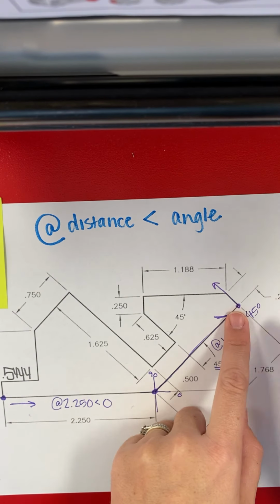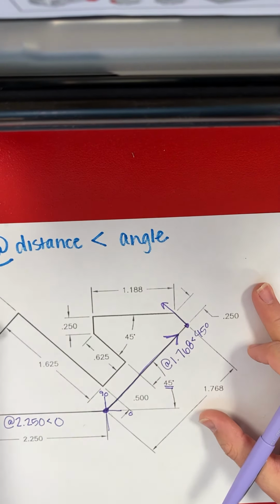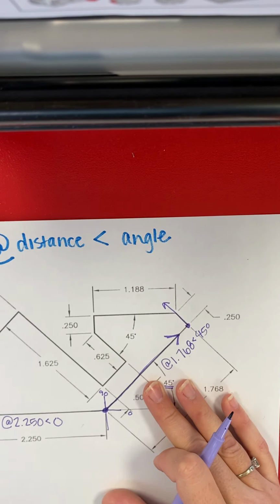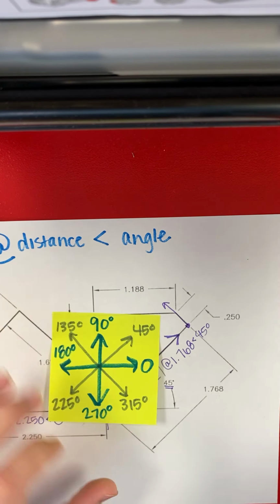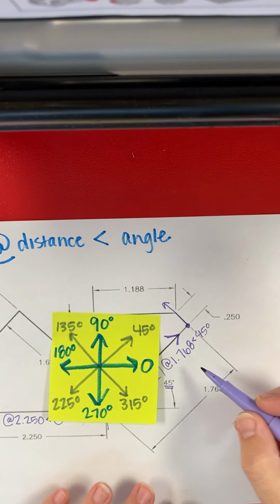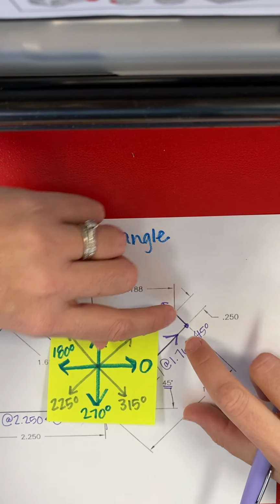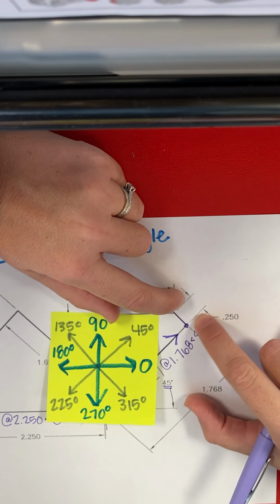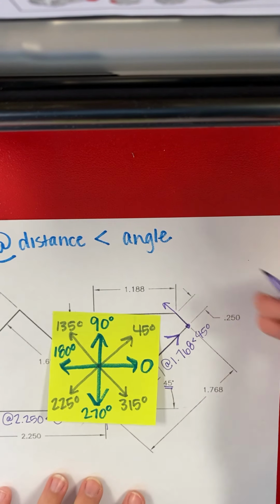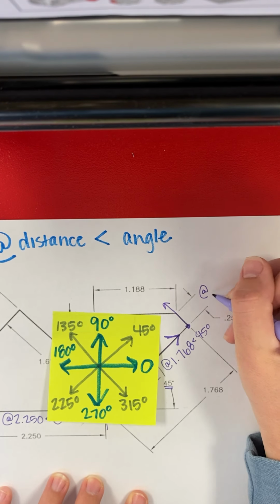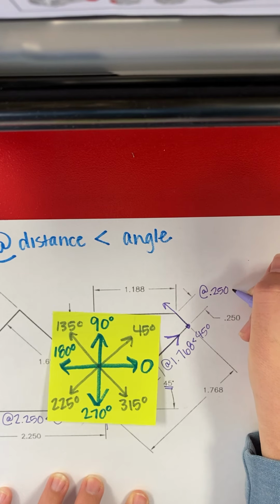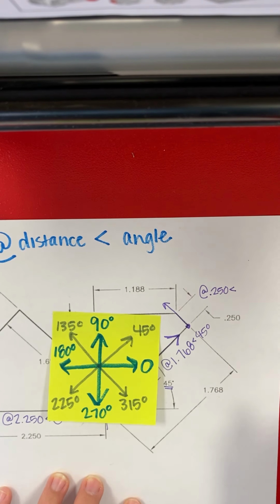Now if I got up to this point, I want to travel to the left. Let's start with the distance. Again, I'm looking at where the line starts and stops. Here I have a dimension, so that line would be 0.250 less than.